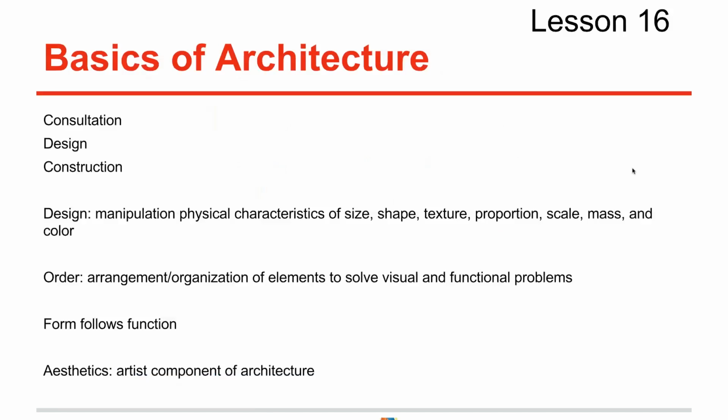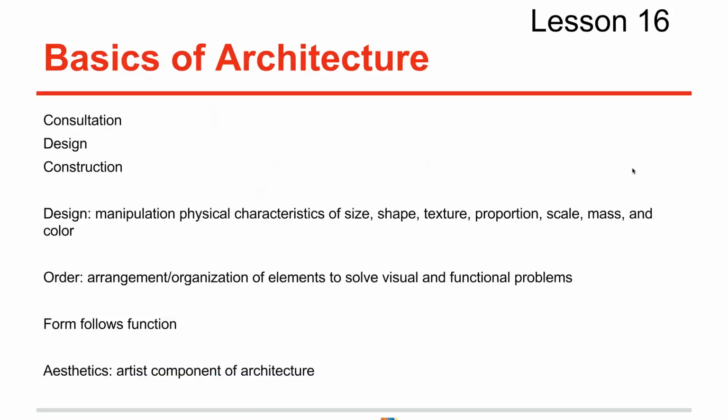Now, some basics of architecture: consultation, design, and construction are some key features. Design means manipulation of physical characteristics of size and shape, texture, proportion, scale, mass, and color. So there's a lot that goes into architecture design. How big is it? What are the shapes that you're going to be using? Texture, like what are the materials?